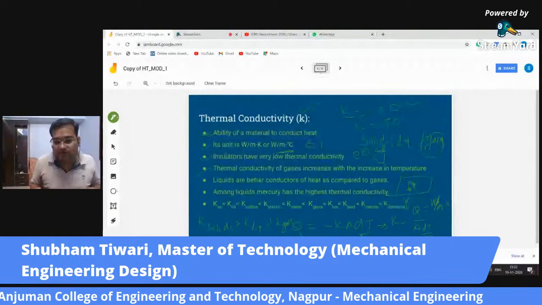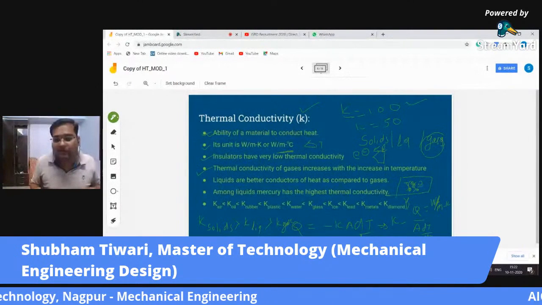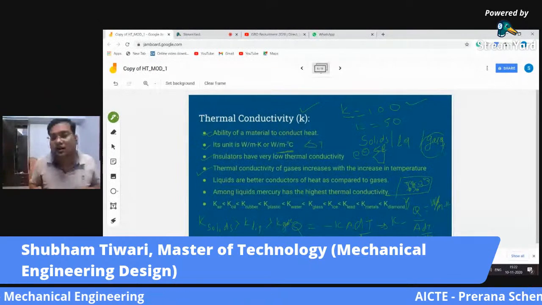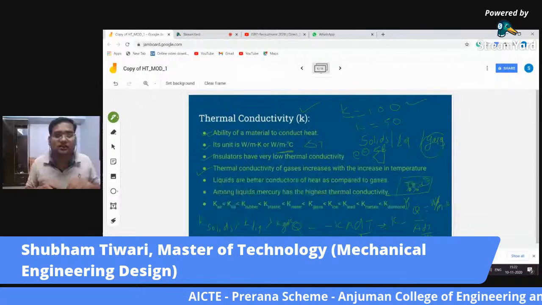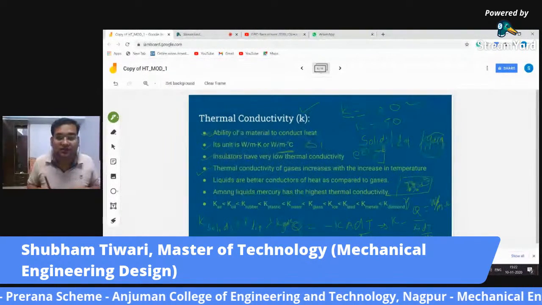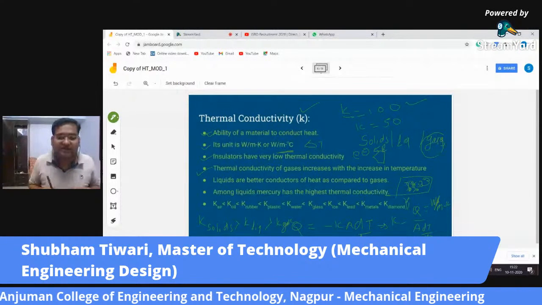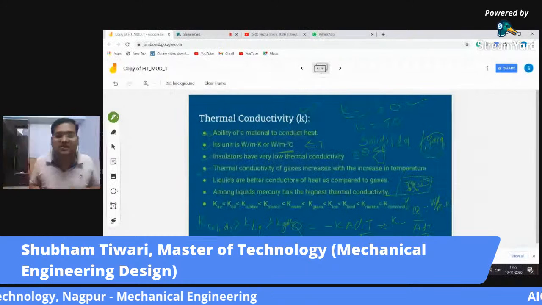The atoms and molecules of the gas will start moving violently, and in doing so they will collide with each other, and this collision will cause the heat to flow, or the heat to get conducted. So the statement can be justified that the thermal conductivity of gases increases with the increase in temperature.